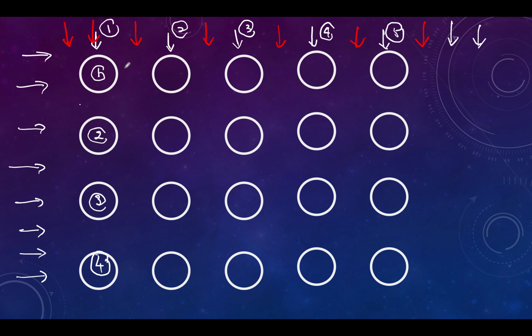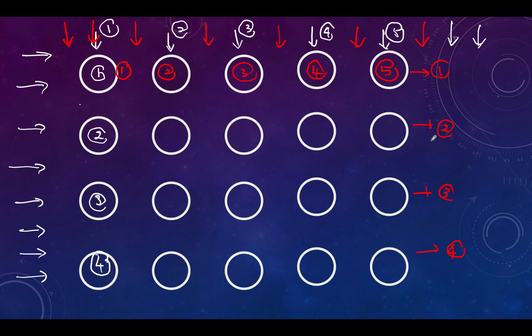Therefore, your columns will be: this is the first column, second column, third column, fourth column, and fifth column. Then your rows will be: this is the first row, second row, third row, and fourth row.